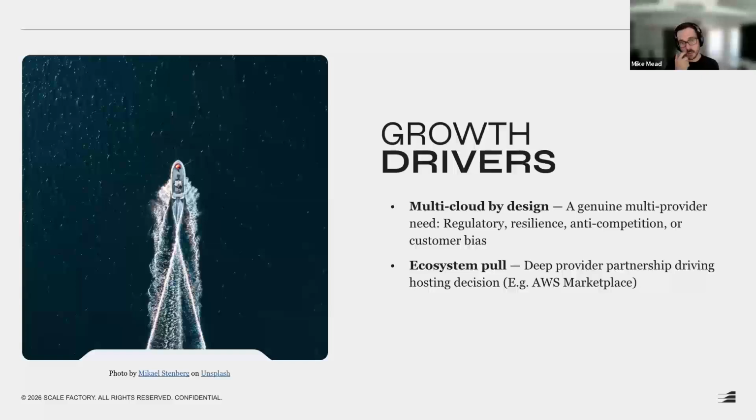So let's say you're an AWS technology partner and you're building software, SaaS software or ISV software, or let's say you're building agents and you want to do co-sell with a cloud provider and you want to say sell on the AWS marketplace, then it sort of makes sense and reinforces and strengthens that partnership if you're building and operating those workloads on AWS. So you might start off building on another cloud provider and then pivot and move to a cloud provider by way of a partnership. So that could be a driver there.